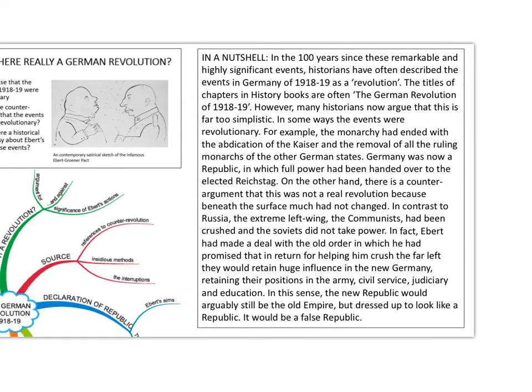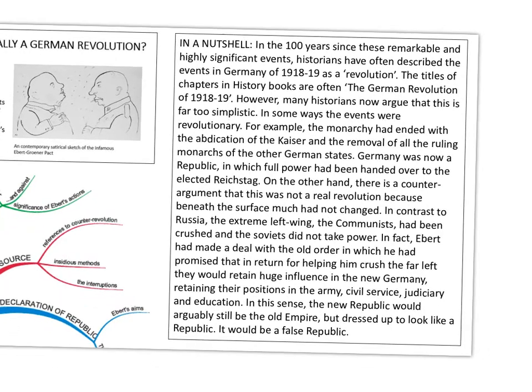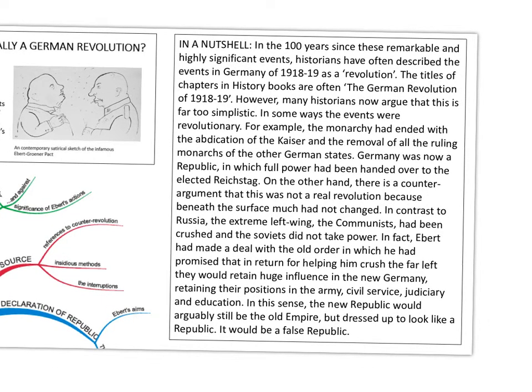So in a nutshell, in the 100 years since these highly significant events, because these events began in 1917 to 18, and we're now, as I record this, in the year 2020, so 100 years have passed. And over that 100-year period, this period has been written about by historians.